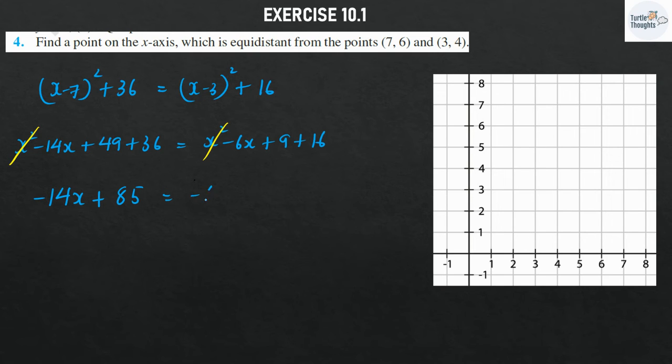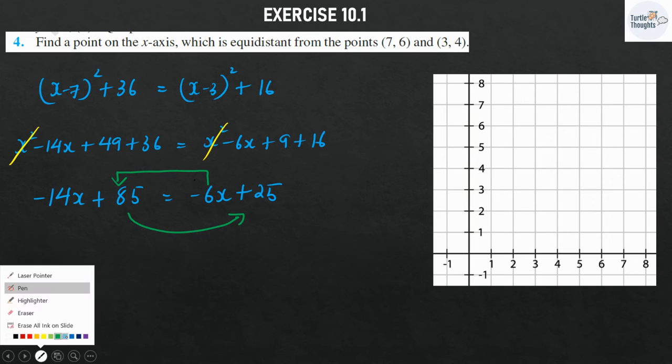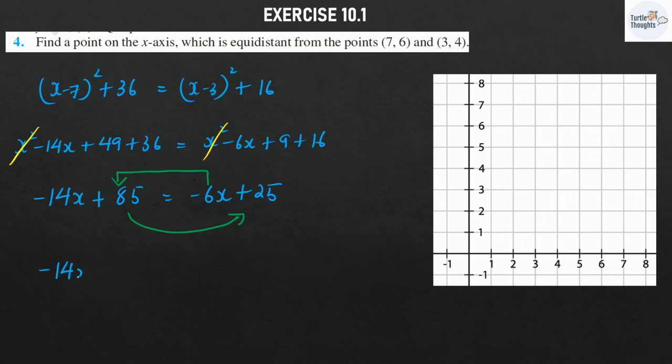This is going to be equal to minus 6x plus 9 plus 16 is 25. So upon solving, I can send minus 6x to the other side and 85 to RHS. If I do that, I will be getting minus 14x plus 6x is going to be equal to 25 minus 85. Minus 14 plus 6, it is minus 8x is going to be equal to minus 60.